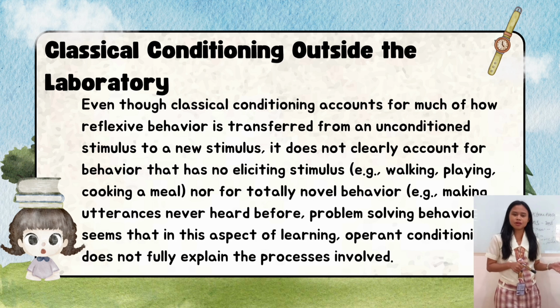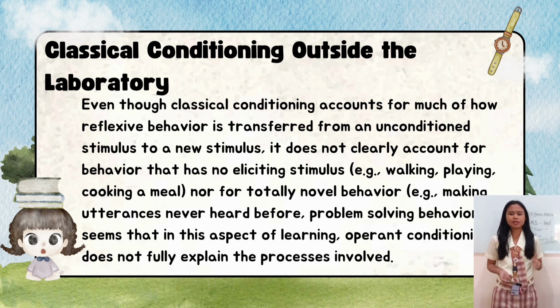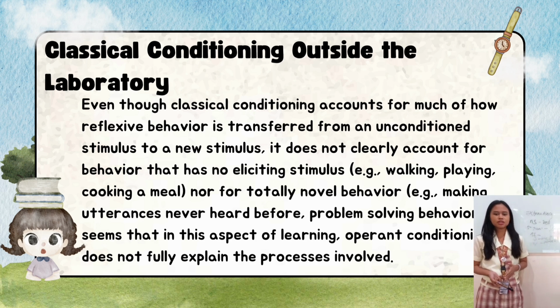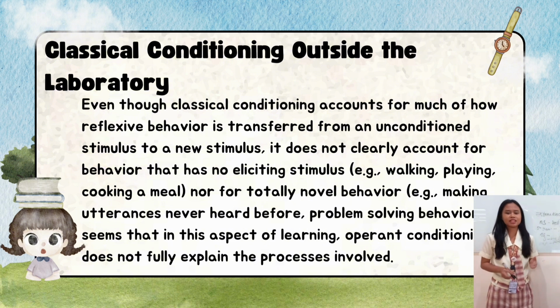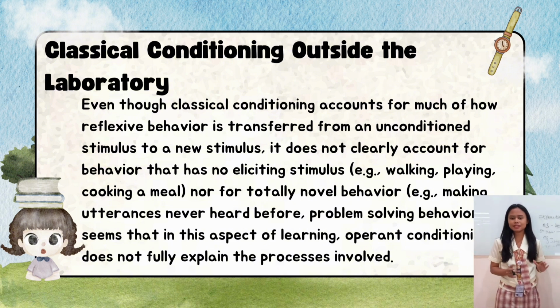The first one is classical conditioning inside the laboratory. In this discussion, even though classical conditioning accounts for much of how reflexive behavior is transferred from an unconditioned stimulus to a new stimulus, it does not clearly account for behavior that has no distinct stimulus.